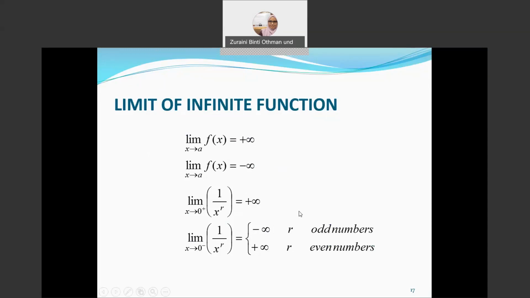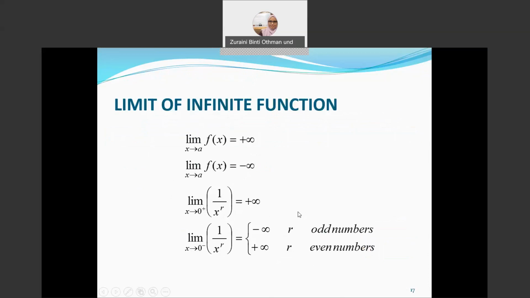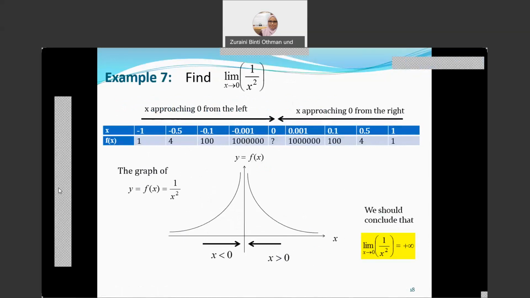Okay, how can we find this type of limit? Okay, this is the thing yang tak boleh lari. Maksudnya kita sama ada kita kena guna table ataupun kita kena guna graph, because we want to determine whether it is positive infinity or negative infinity. Okay, from here, if we have this type of question, kita ada soalan macam ni.